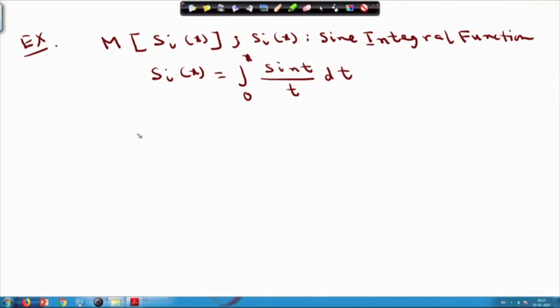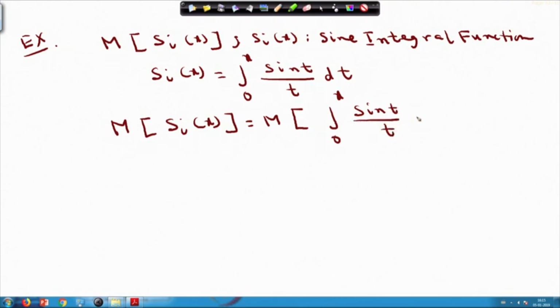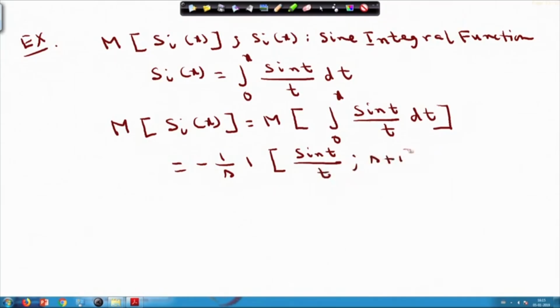So, the Mellin transform of Si(x) equals the Mellin transform of the integral from 0 to x of sin t by t dt. I am just putting the value of Si(x), and using the Mellin transform on integrals, I can write minus 1 by s times the Mellin transform of sin t by t, with the parameter s plus 1.